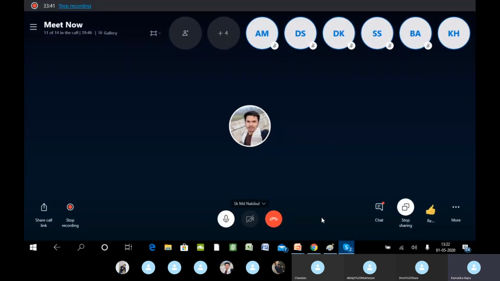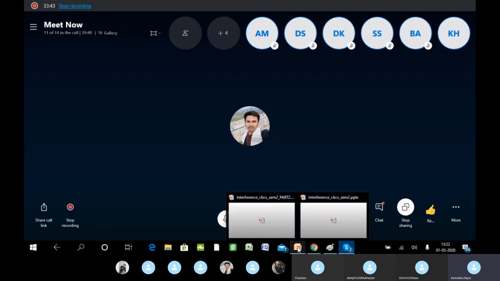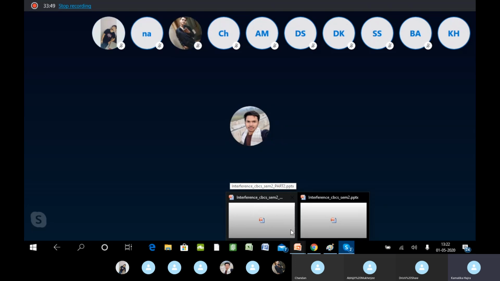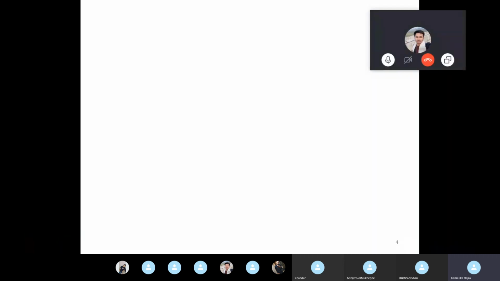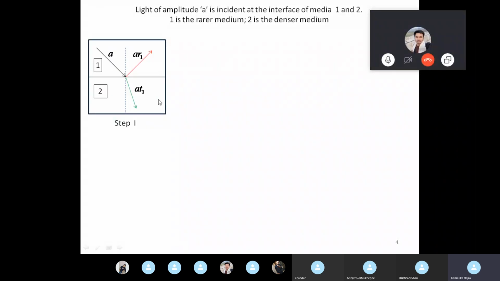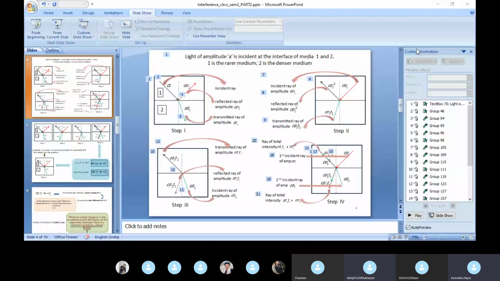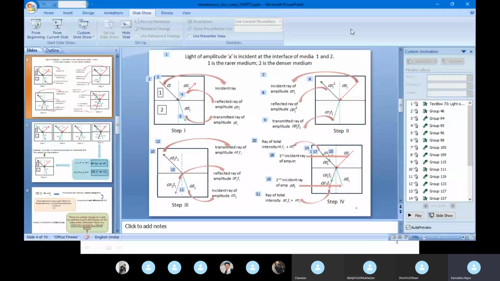Have you all got me? Because it's a very, very important concept. I need it to be crystal clear in your heads what reflection coefficient and transmission coefficient are, and why we are taking these amplitudes to be AR1 and AT1. Is it clear to everybody? Can I carry on? Yes, ma'am. Okay.